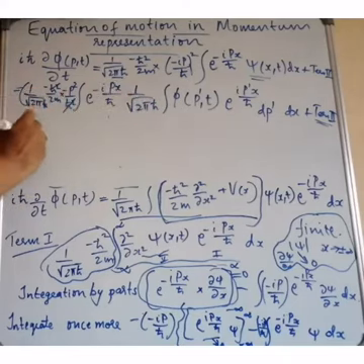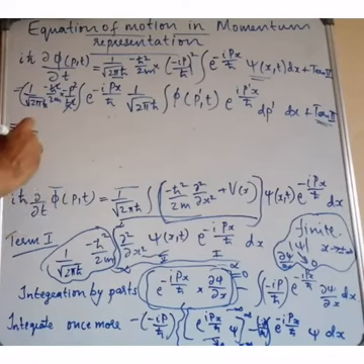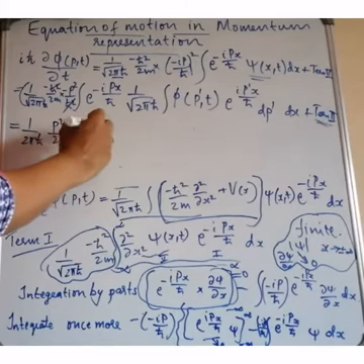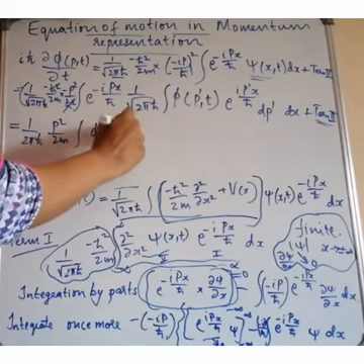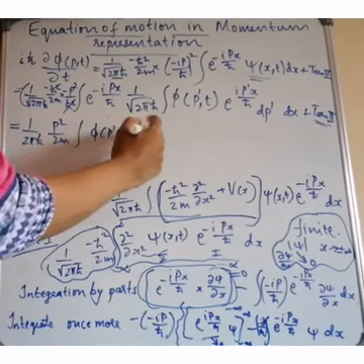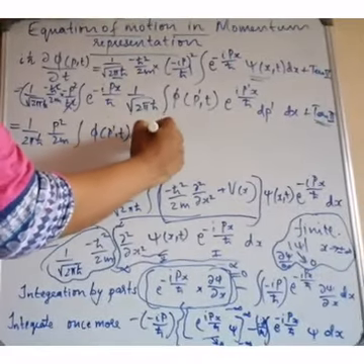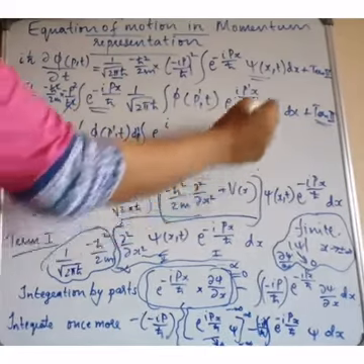So I can write it as 2 pi h cut, p square by 2m integral phi of p prime comma t, then integral dp prime integral e raised to, I am going to collect both exponential terms.